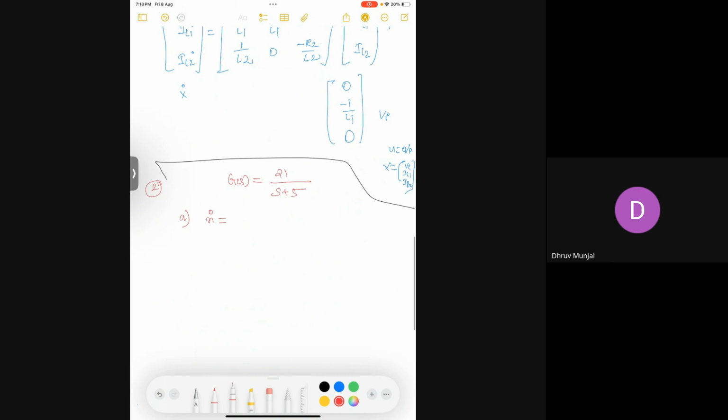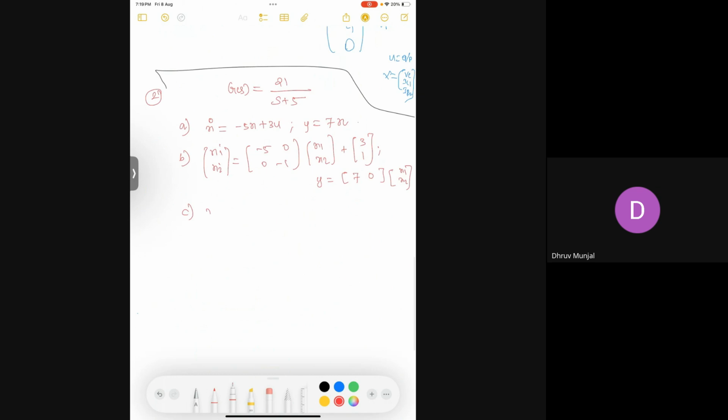First one: x dot equals minus 5x plus 3u, y equals 7x. B would be x1 dot, x2 dot equals minus 5, 0, 0, minus 1, times x1, x2, plus 3, 1, y equals 7, 0, times x1, x2.